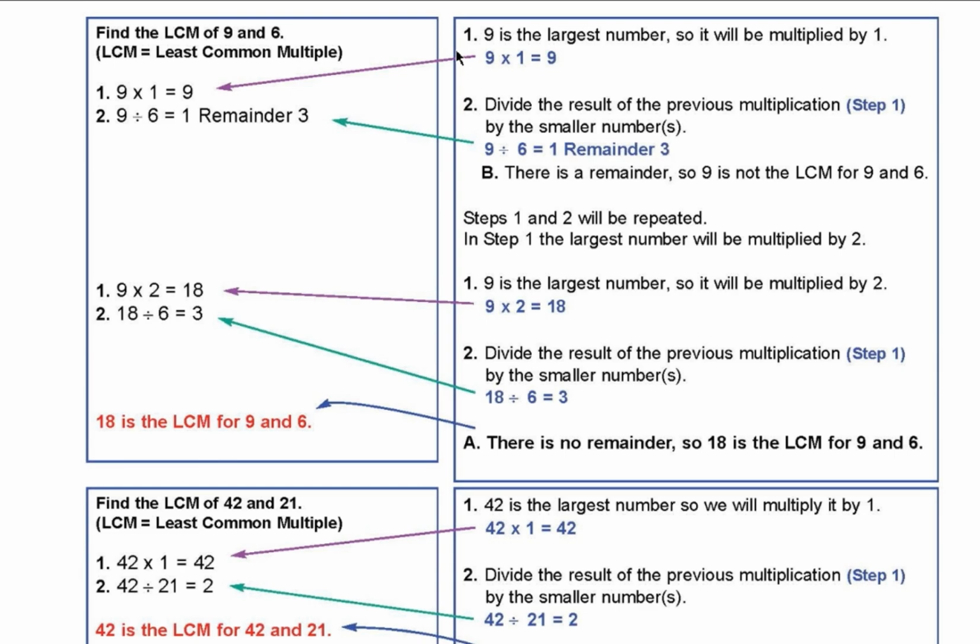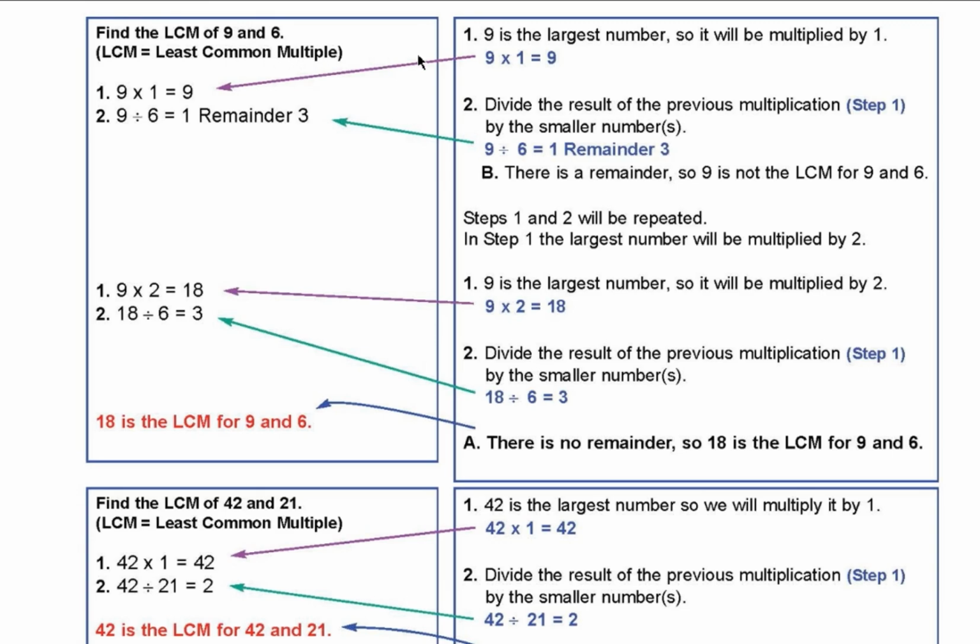Step 1. Multiply the larger number by the number 1. Of the two numbers 9 and 6, 9 is the larger number.